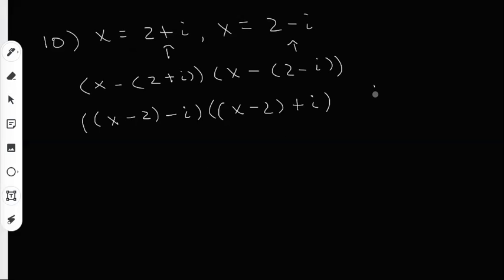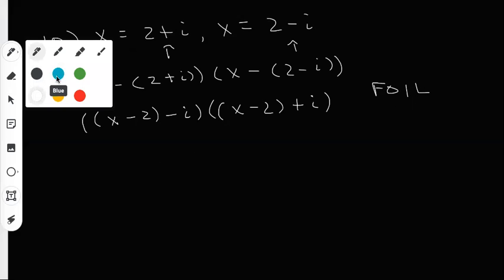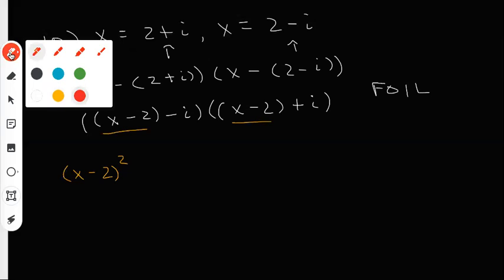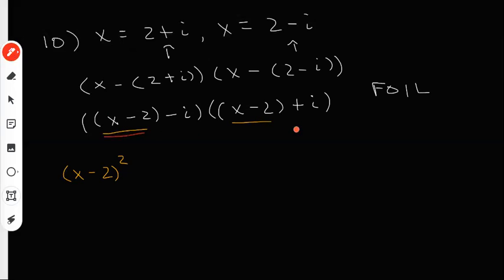So now I can do the FOIL method. I'm going to multiply the first two terms, which I'll underline in yellow, x minus 2 and x minus 2. That's going to give me x minus 2 squared. Then I'm going to change my color to red to get the outer two terms, x minus 2 and i.